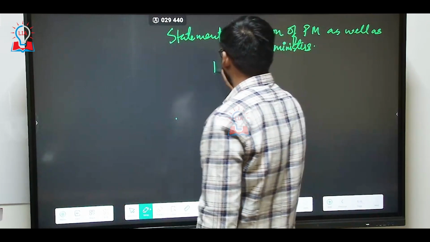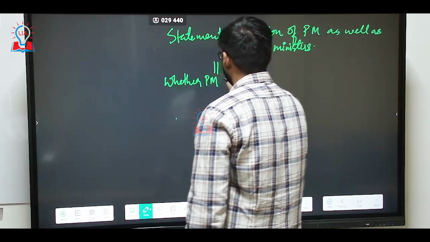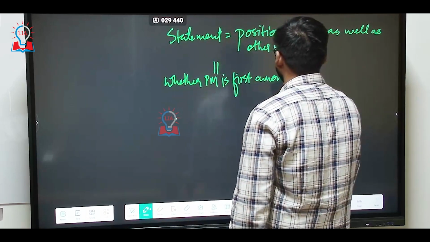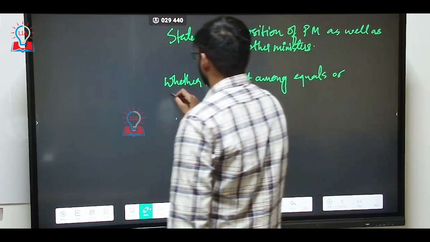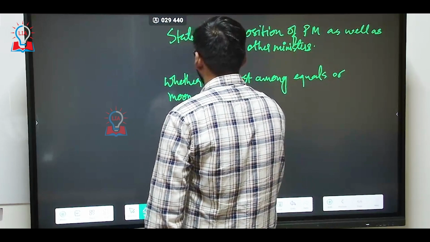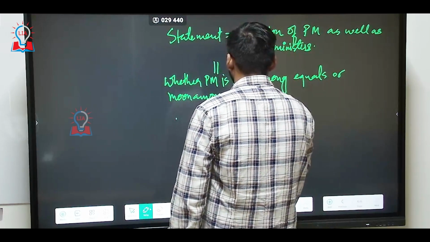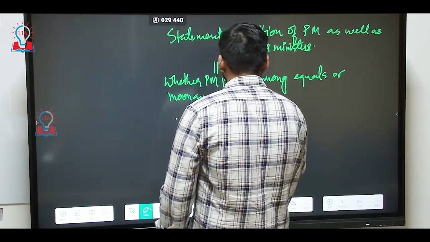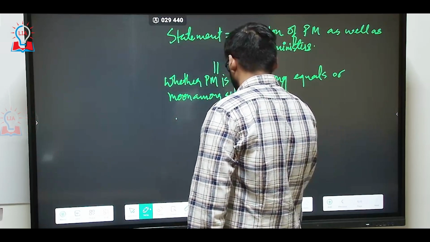So whether PM is first among equals or moon among stars, this depends on multiple factors.